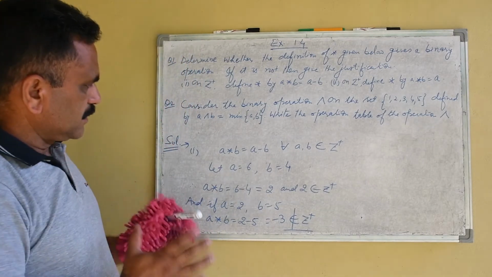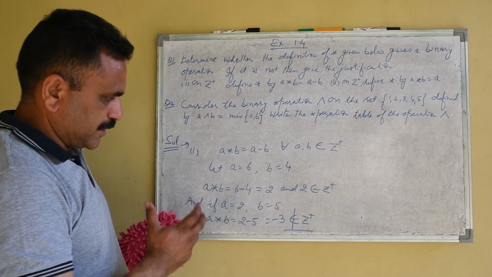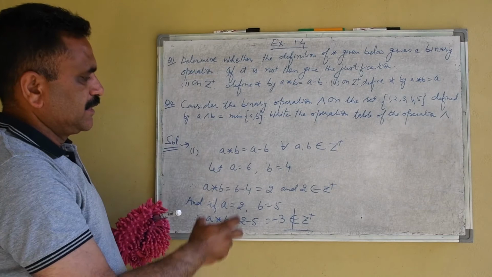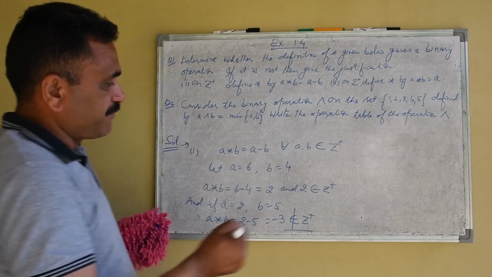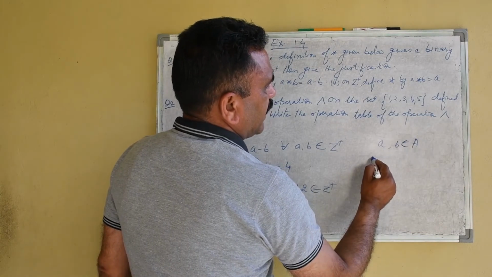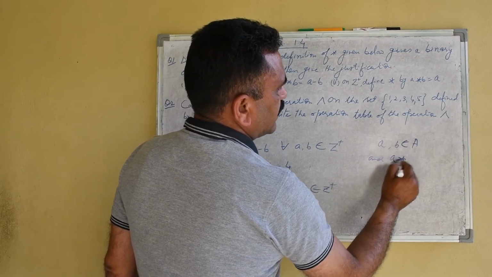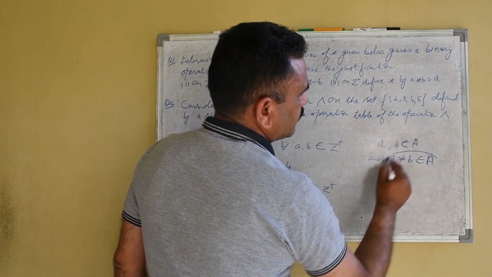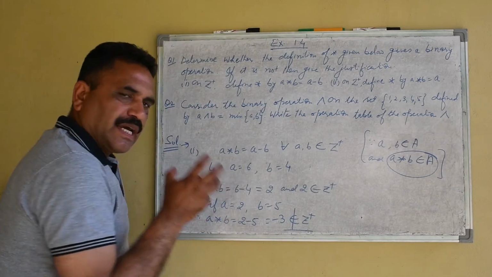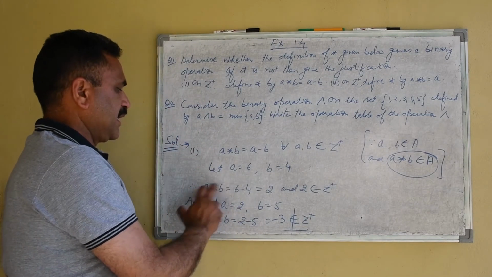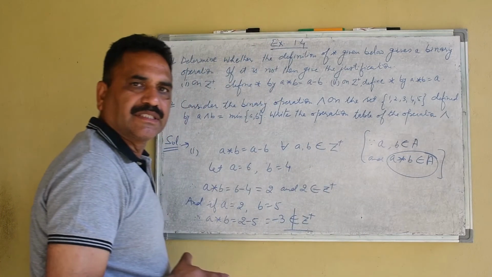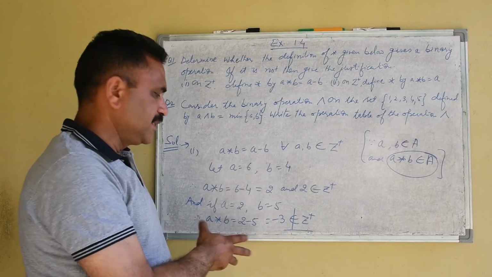An operation will be binary if a, b belong to A and a star b belongs to A. We have seen in the closure property that if we have two elements a and b and a star b again belongs to the given set, then it will be defined and closed.